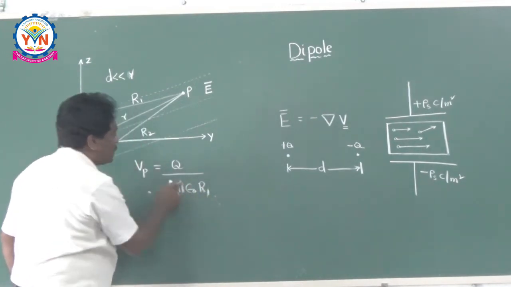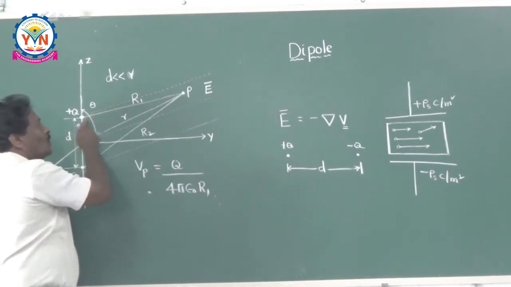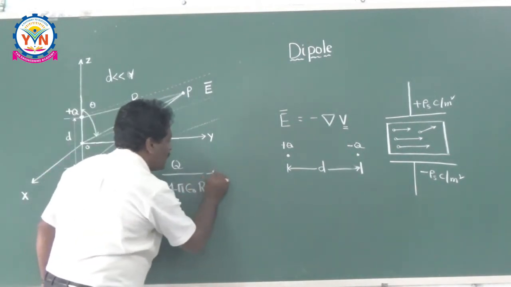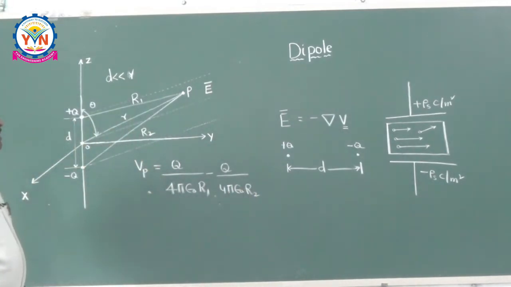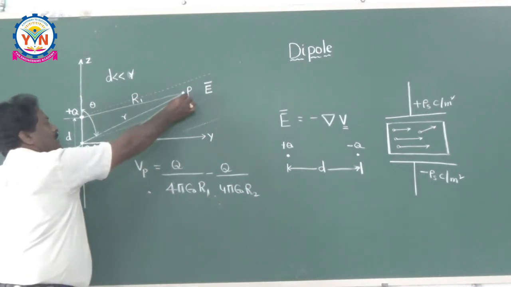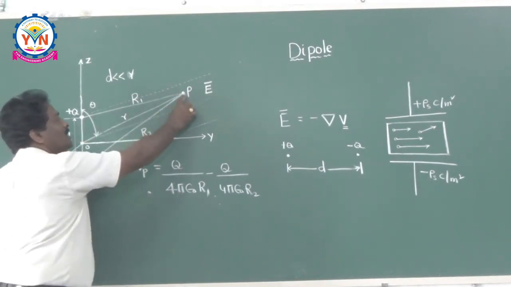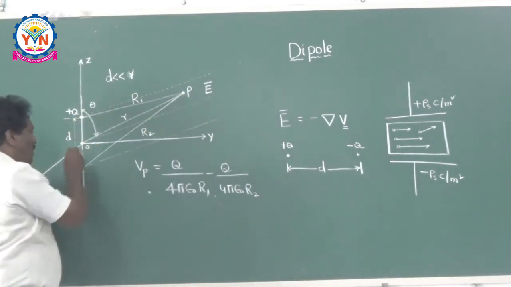That is the potential due to the plus charge, and there is also the potential due to the negative charge. For the negative charge, you write minus q divided by 4 pi epsilon naught into r2. Because potential is linear and it obeys the law of superposition, the potential at the point P is the sum of the potentials of plus q and minus q.